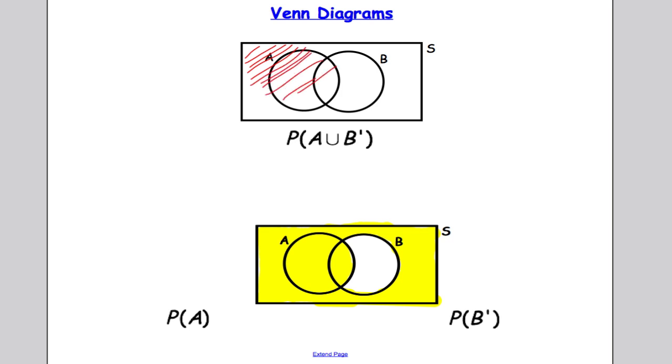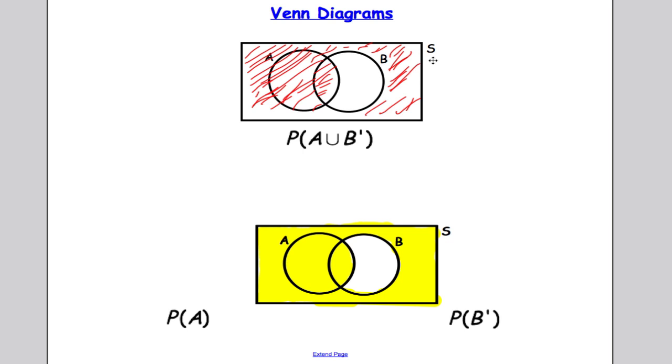So everything in A, we've got everything that's not A or not B, or in other words, the outside. And we've also got the intersection part. So you can shade the whole lot in. My shading isn't great today, but hopefully we get the idea. So that is A union B complement.